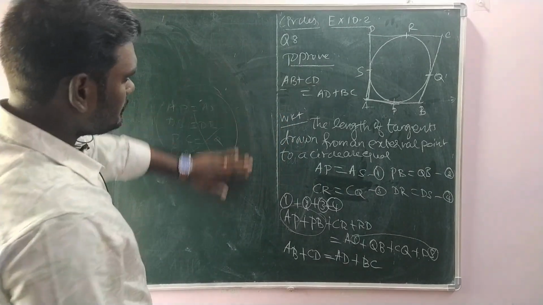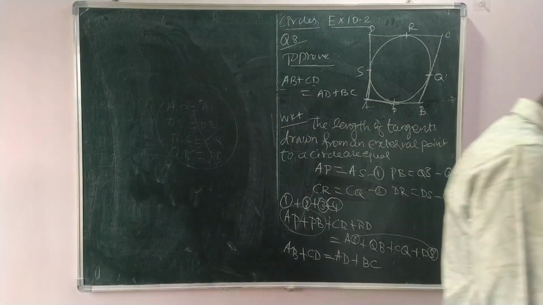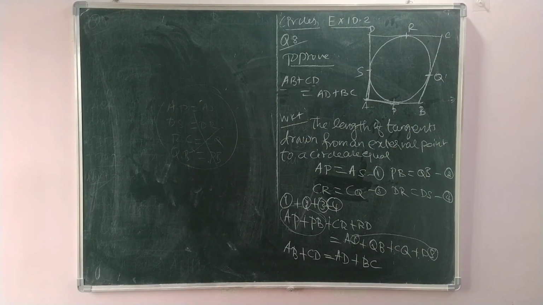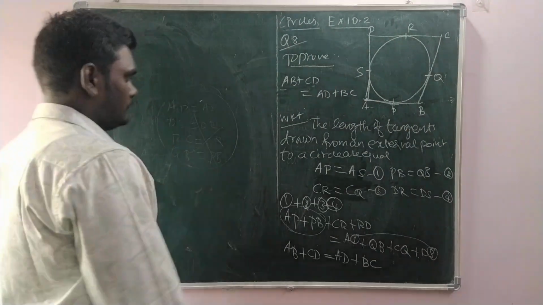And then, as an extension to this question, question number 11: prove that a parallelogram circumscribing a circle is a rhombus. Same kind of question.